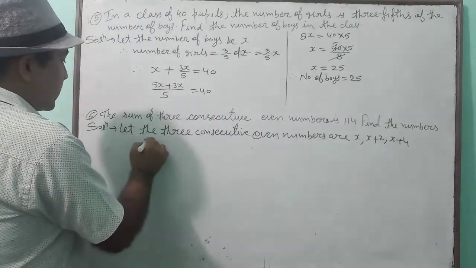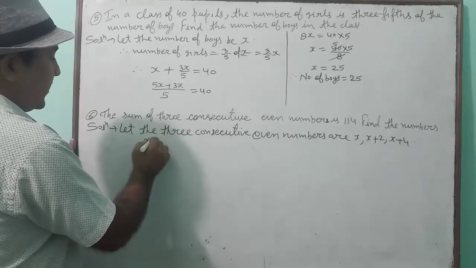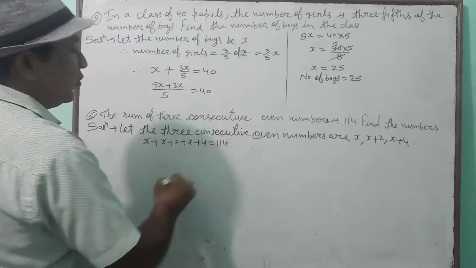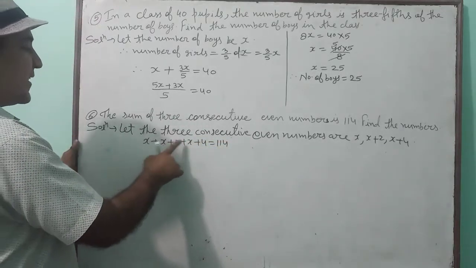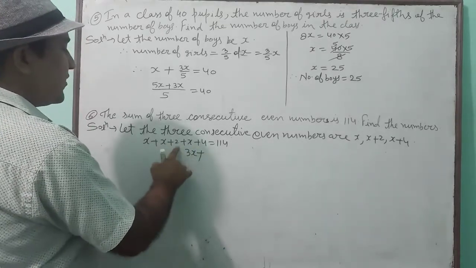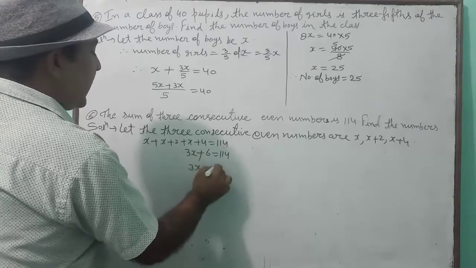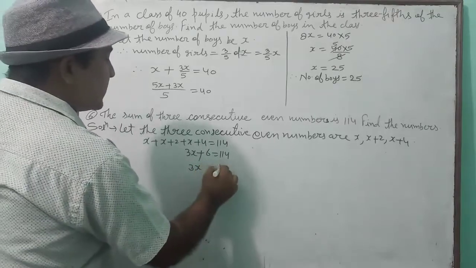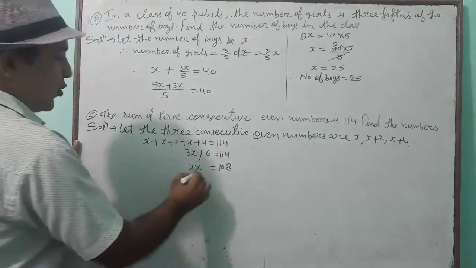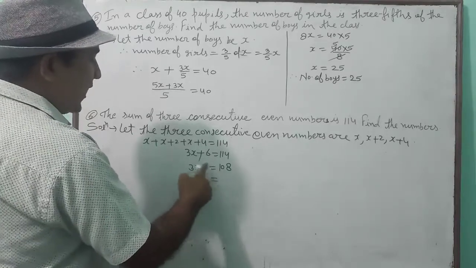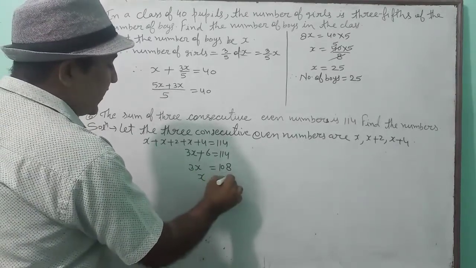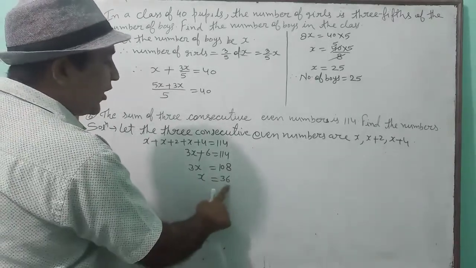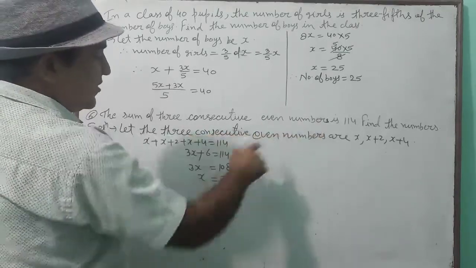Now, the sum of the three numbers is 114, means x plus x plus 2 plus x plus 4 is equal to 114. Now x plus x plus x, these are 3x, plus 2 plus 4 is 6. 3x is equal to 114 minus 6. 114 minus 6 means 108. So what will be the value of x here? 108 divided by 3. 3 threes are 9 and 3 sixes are 18. x is equal to 36, means the smallest number x is 36.